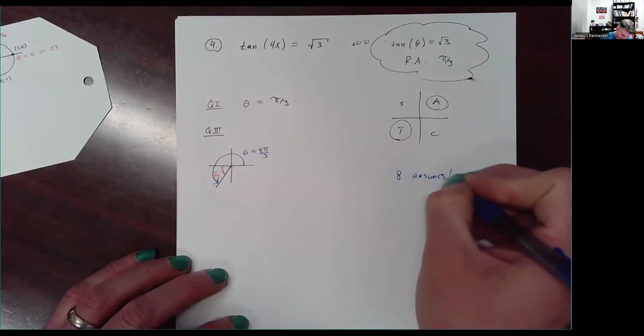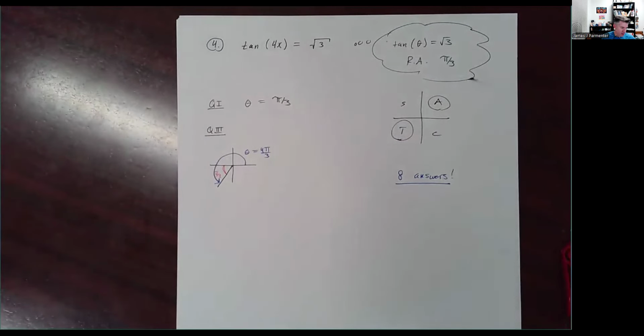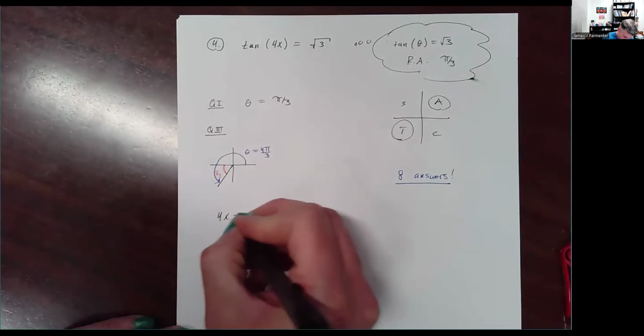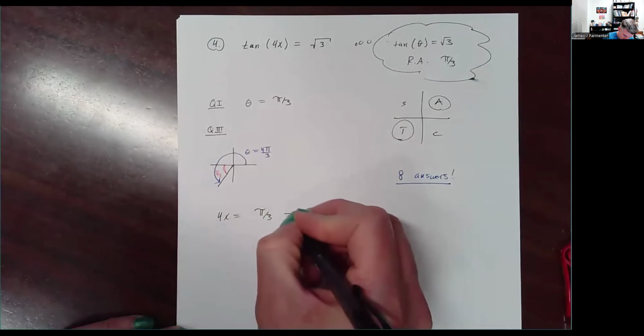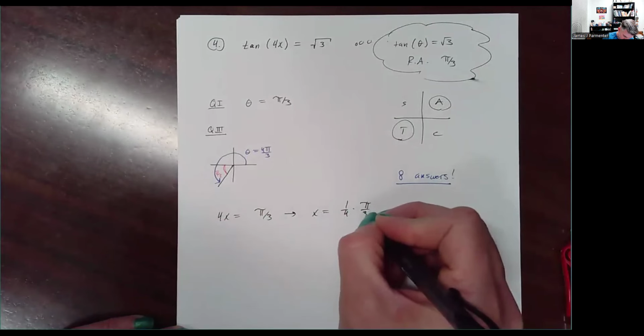Tangent's always a little weird. You can do it differently, but I'm just going to do the usual way. So for tangent, just like the previous ones, take your original answer and then solve for x. So I'm going to get 4x equal to pi over 3, which is going to be x equal to 1/4 times pi over 3, which is pi over 12.